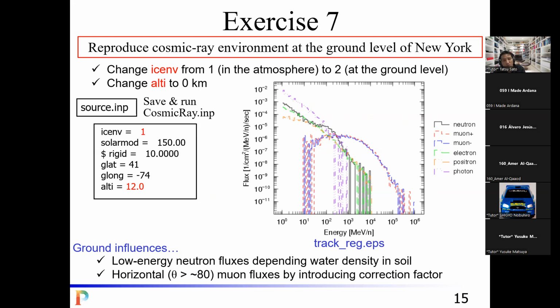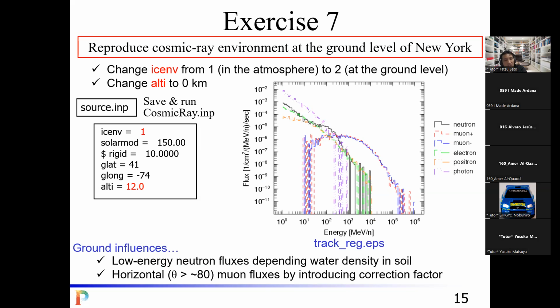So it's different from the atmospheric case. The good thing about this model is you don't have to specify the altitude as 0, or not always 0. If you want to know the ground level neutron flux at the top of Mount Fuji, you can specify ICM equal to 2, the ground level mode, and the altitude 3.776, the altitude of Mount Fuji.